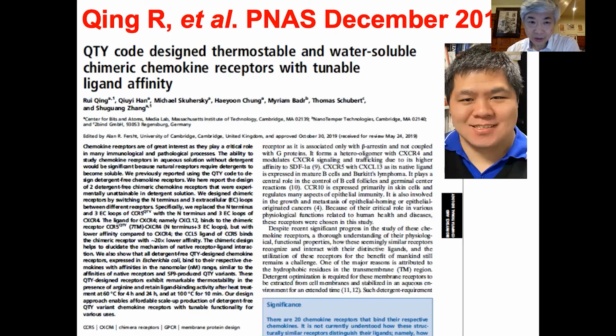Since 2018, we have published 5 papers, and the first one was published in 2018. This one was published in 2019, and Dr. Qin Rui is the first author, with other people helping with experiments. In this case, a QTY code designed thermostable and water-soluble chimeric chemical receptor with tunable ligand affinity, essentially protein design: give you some base and design some new variants.